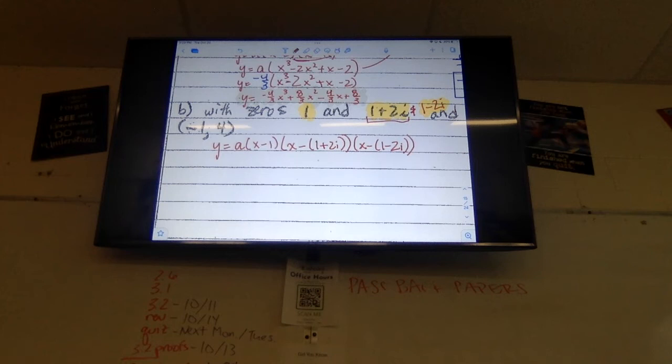Not when there's other pluses and minuses involved. I'll distribute this negative throughout. So technically, if you are okay going straight to the second step, I'm okay with that too. X minus 1 minus 2i, and then x minus 1 plus 2i. See where the plus and minuses come in here, but the 1 is always minus. As long as you're okay with that, I'm okay with that.